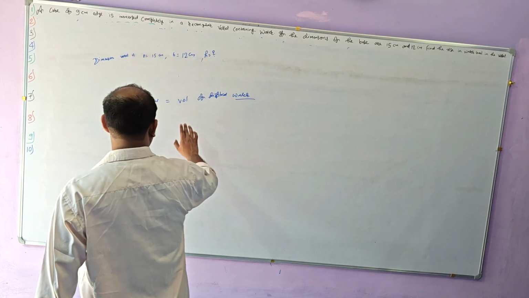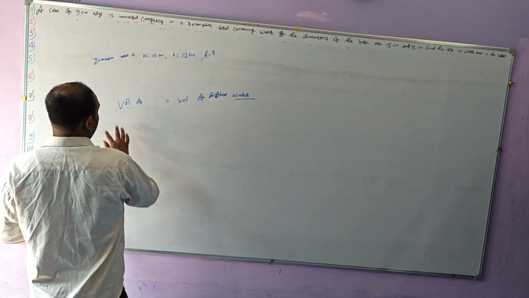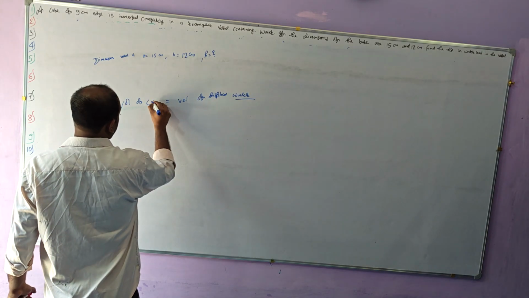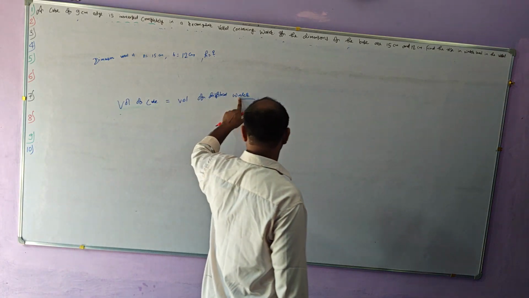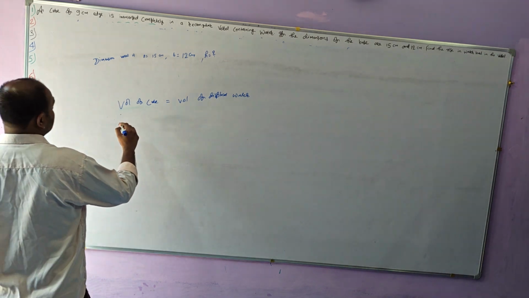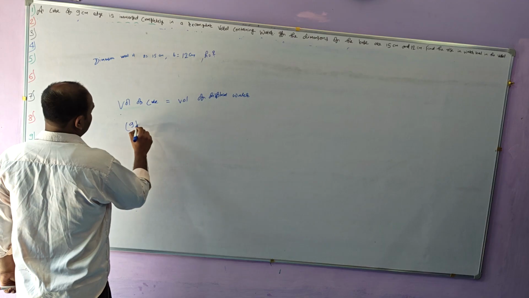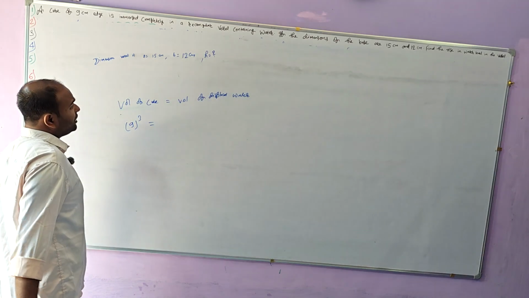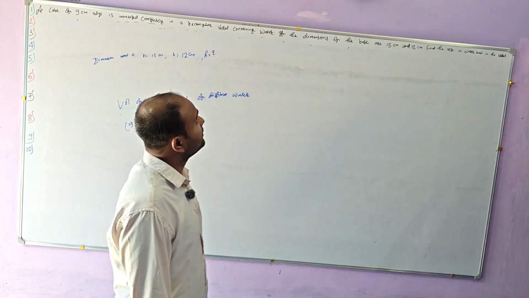The cube has edge 9 centimeter, so 9 cube is equal to the volume of displaced water.